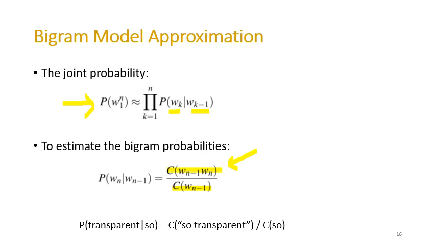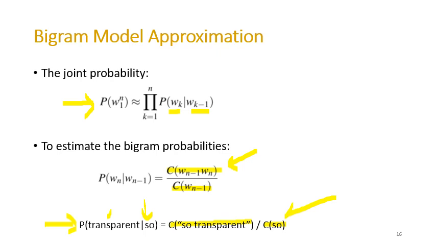So let's see an example where you want to compute the probability that you're seeing the word "transparent" given that the previous word is "so". In the denominator part, you count how many times you see the word "so". And then in the upper part of the equation, you count how many times you see "so transparent".